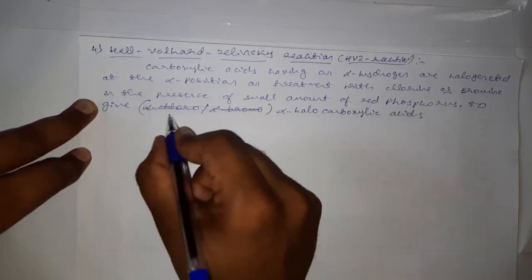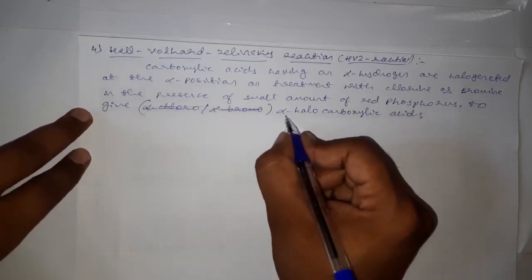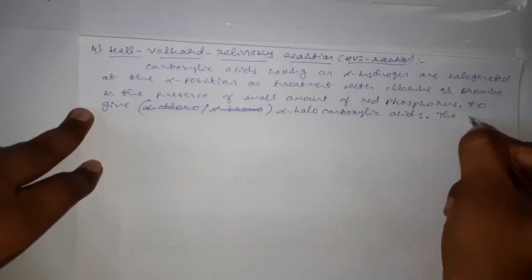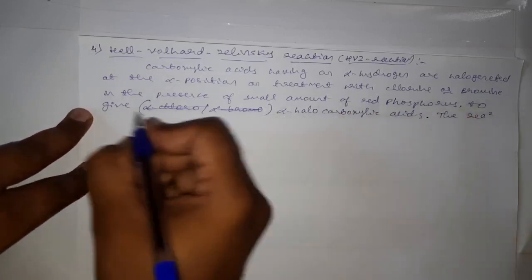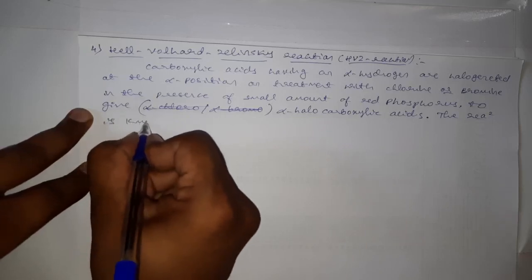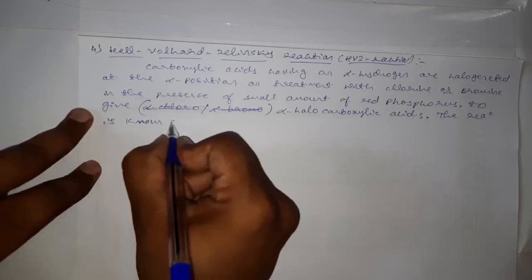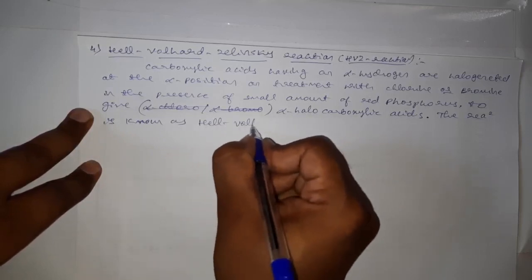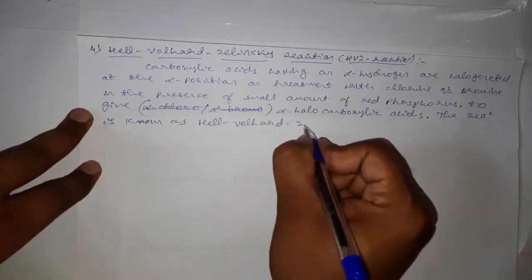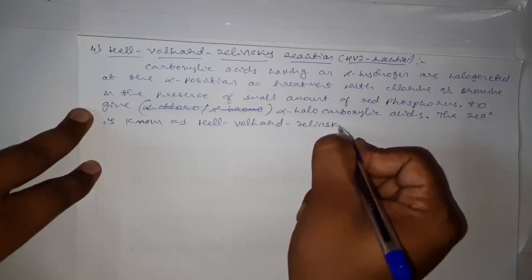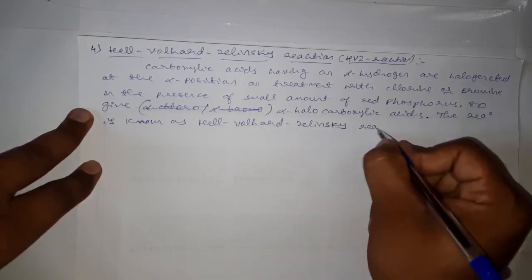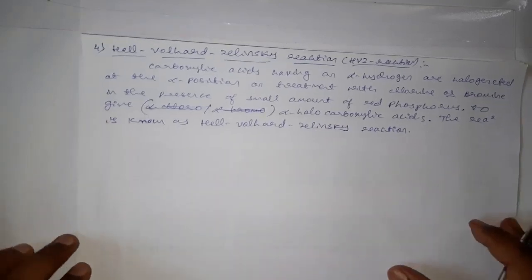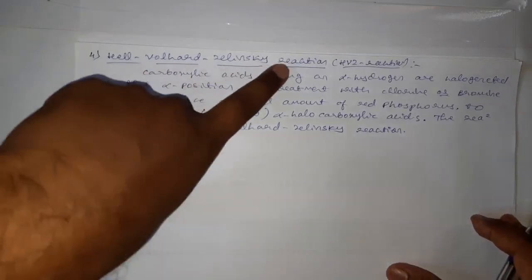Instead of particular chloro or bromo, we can use alpha-halo carboxylic acids, and the reaction is known as the Hell-Ohlhard-Zelinsky reaction.